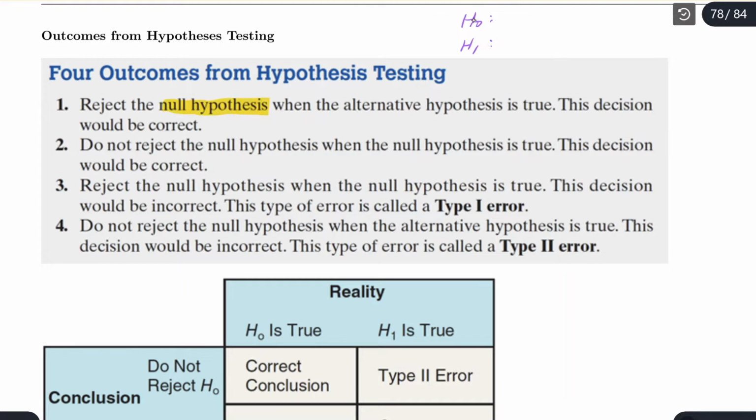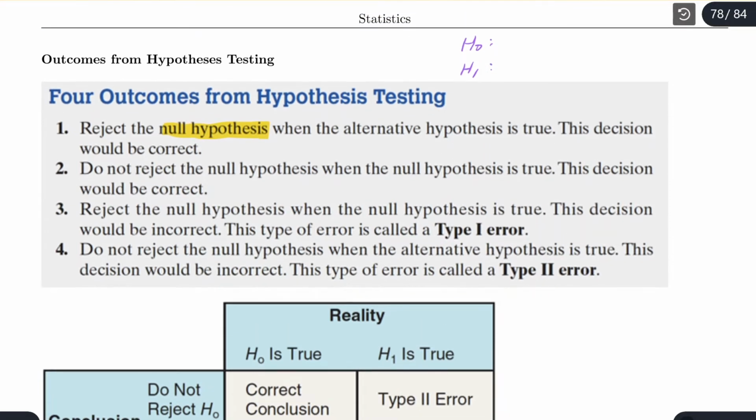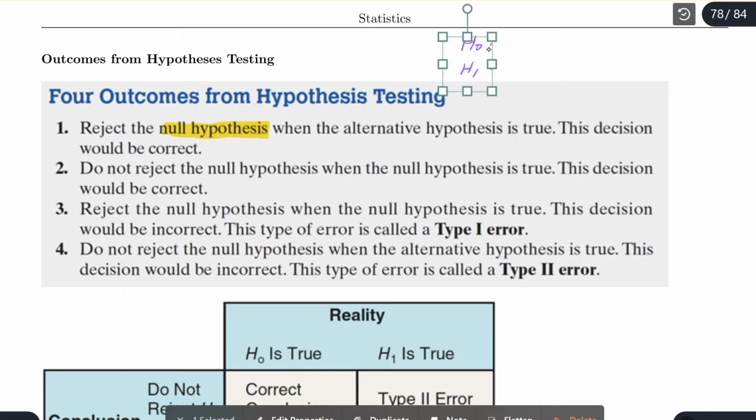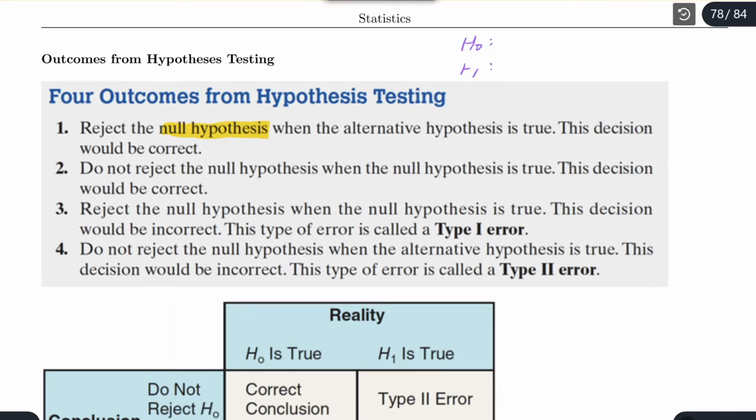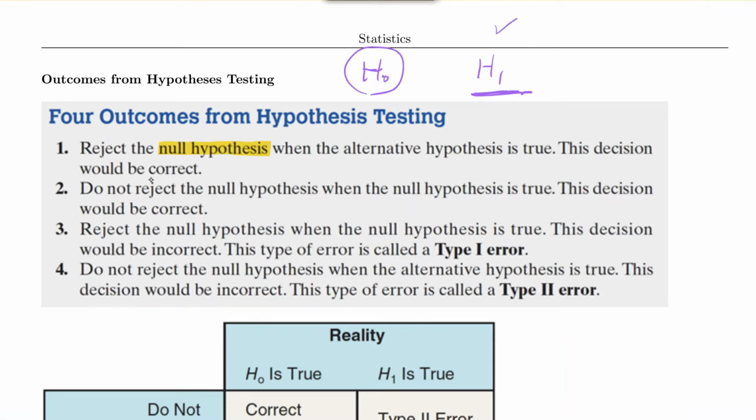We reject the null hypothesis when the alternative hypothesis is true, and then the decision is correct. Think of it like this: if we reject H naught when it is actually false, then our conclusion is correct. If we reject the alternative hypothesis, that means H naught is true, and that decision is correct.